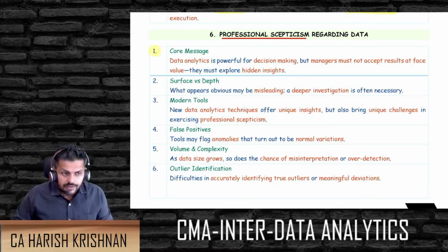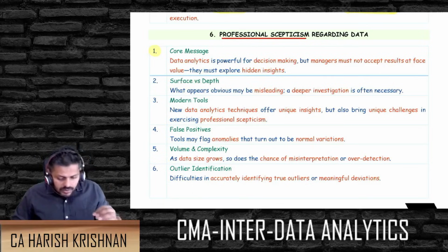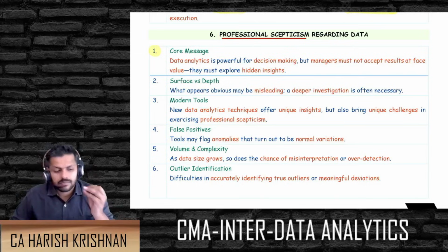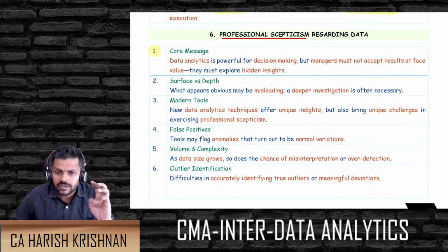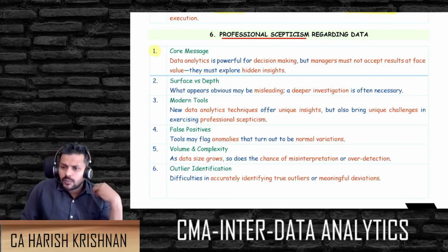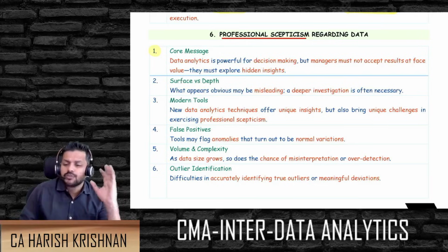In this, you are not supposed to go and, there also it says professional skepticism is about having a questioning mind and being alert to conditions. Don't blindly accept everything, at the same time don't blindly doubt everything. There should be a normal way. If you are doing things, if some data comes your way, accept it. But if there is some anomaly, anomaly means something that is an exception, right?